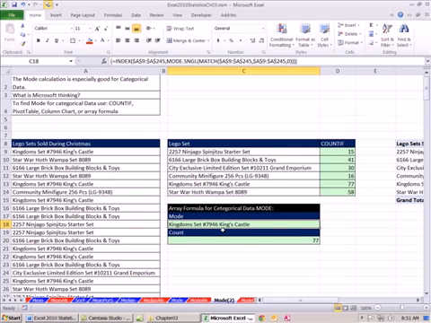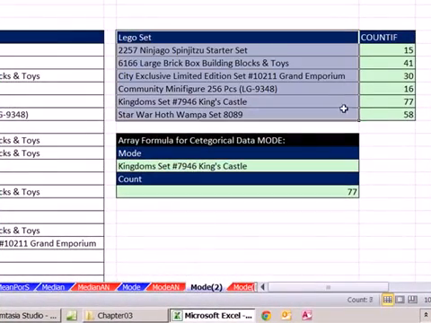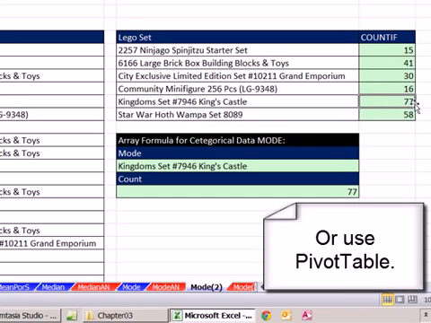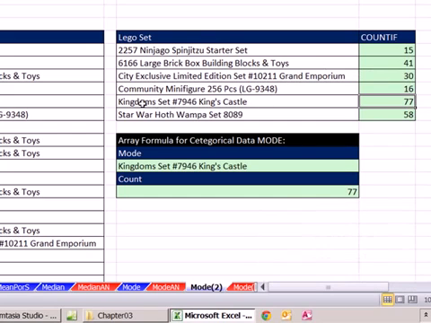Now, Microsoft didn't put a mode function in here that can look up an actual word and tell you. We had to list our elements and then use the COUNTIF, and then from this 77 we can decipher that this toy right here is the mode, right?